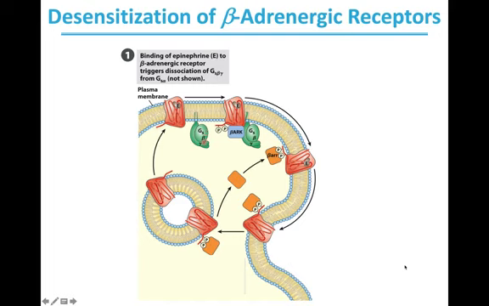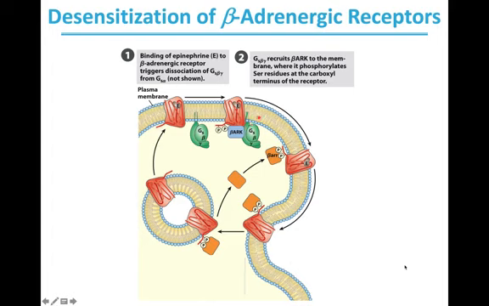At the same time, the Gs beta gamma subunit that dissociates from the beta adrenergic receptor recruits a protein named BARK. BARK stands for beta adrenergic receptor kinase. Now, BARK is activated by the protein PKA. So everything happens in a cycle.